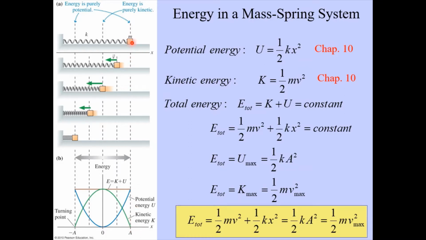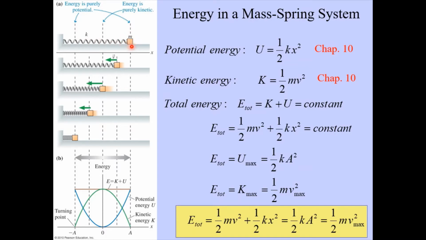So this is the maximum distance the object swings over to the right, and then of course it's going to swing back past equilibrium and is going to end up over here at minus A, which is the same distance from equilibrium as this distance over here, but it's on the left side. So you can see down here it's at minus A. The key thing is this mass oscillates back and forth between minus A and positive A, and back and forth.